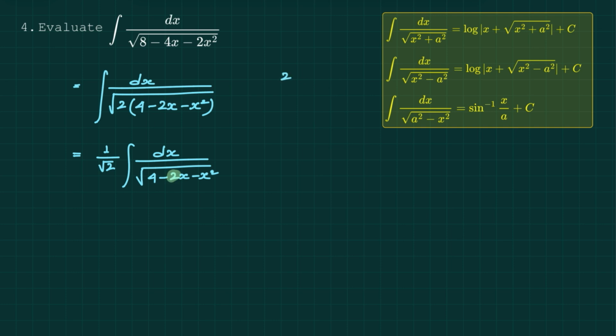So multiplying this 2 with 1 by 2, we will have 1. That means we will add and subtract the square of 1.